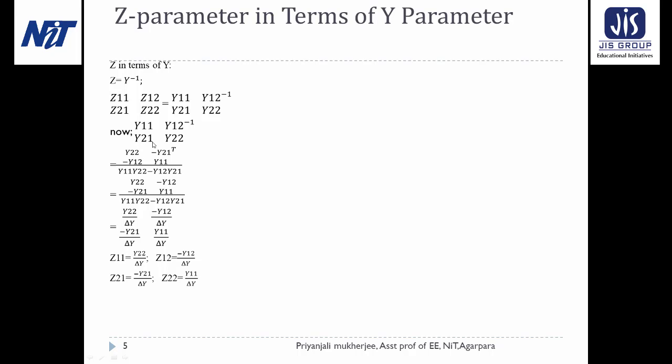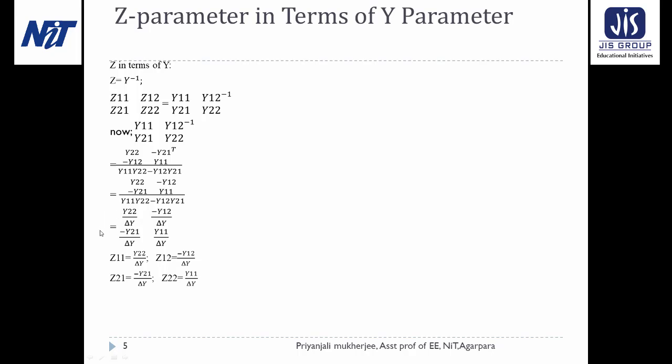Y11, Y12, Y21 and Y22 inverse, which becomes Y22, minus Y12, minus Y21, Y11, whole transpose, divided by the determinant, that is delta Y. So it becomes Y22, minus Y12, minus Y21 and Y11, by delta Y. Delta Y is Y11 into Y22 minus Y12 into Y21.